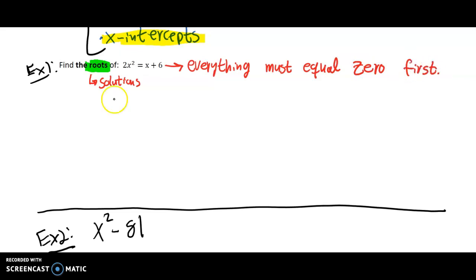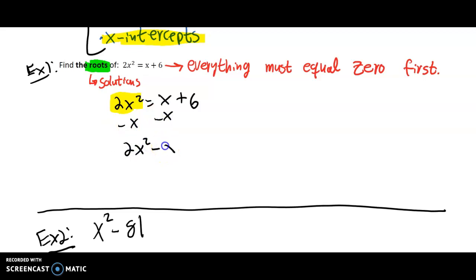Okay, I'm going to rewrite our original problem. For everything to equal 0, we need to get it all to the same side. We like to keep this x squared positive. That makes our life easier. So we're going to move everything over to it.